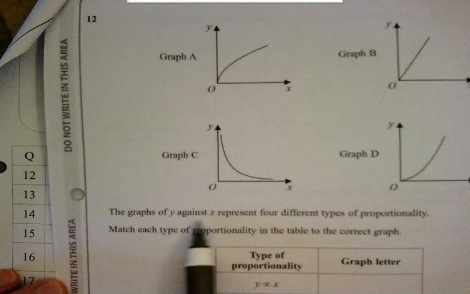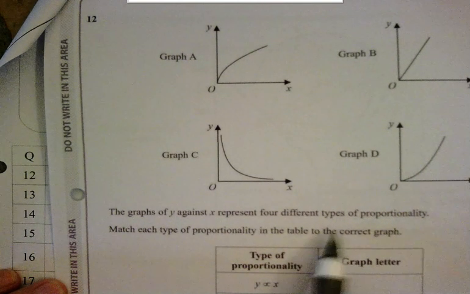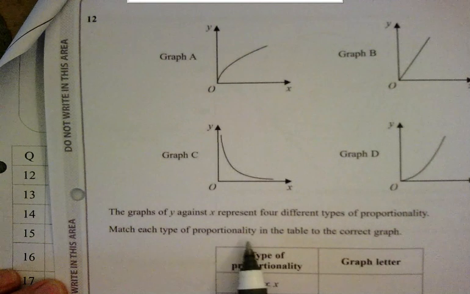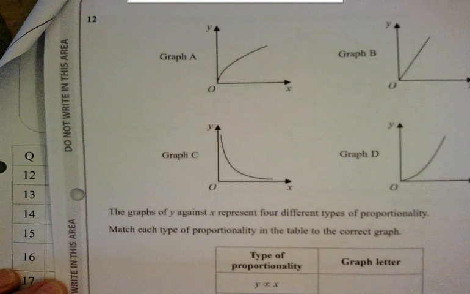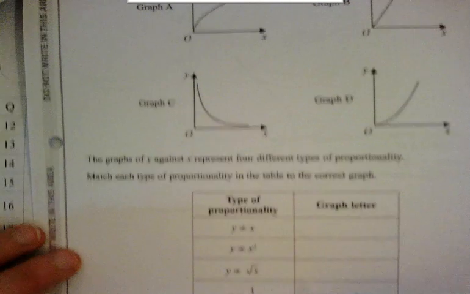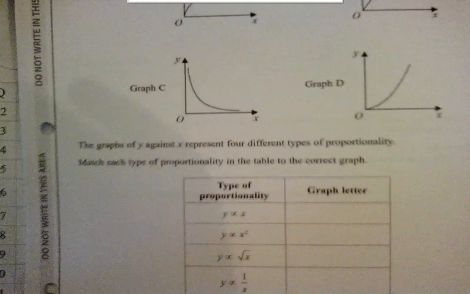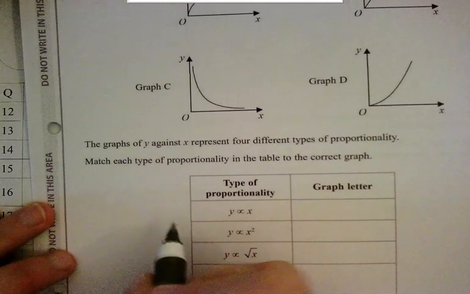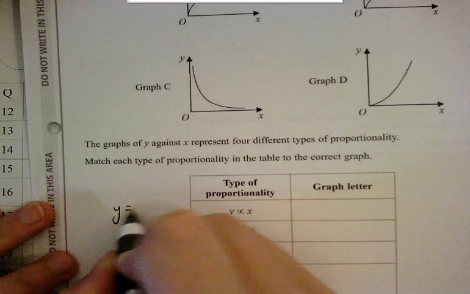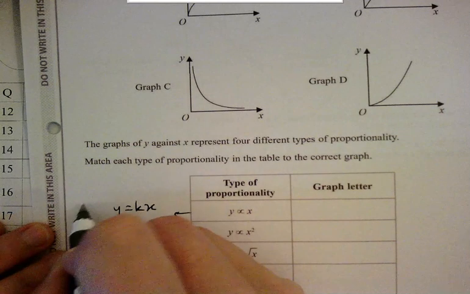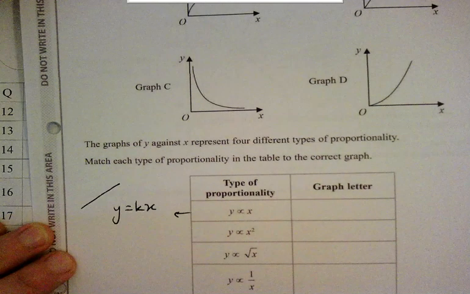The graphs of y against x represent 4 different types of proportionality. Match each type of proportionality in the table to the correct graph. You can see I've got y is proportional to x, which means y equals kx, so that would be a straight line with positive gradient.